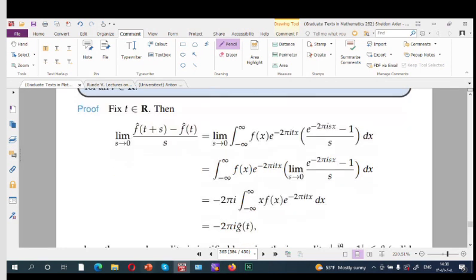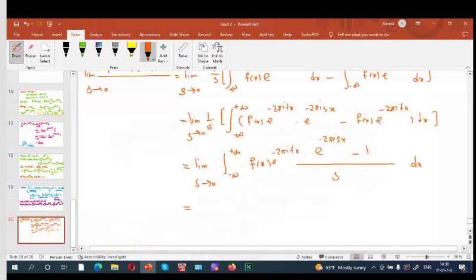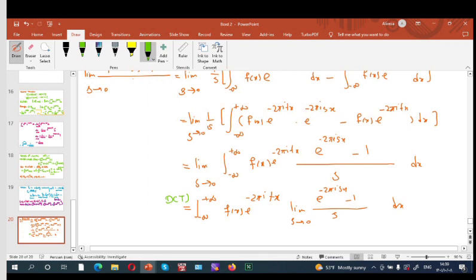It is equal to the integral of the limit, so that we can write f of x by this power, and this limit as s tends to 0 holds by DCT, the dominated convergence theorem.